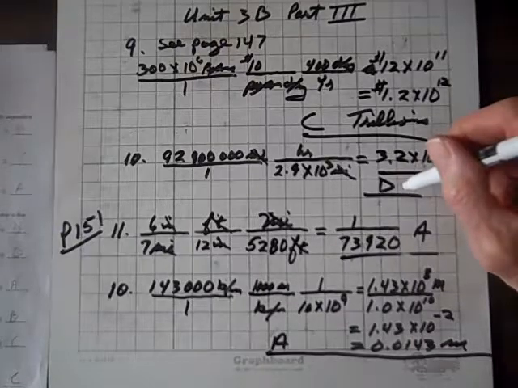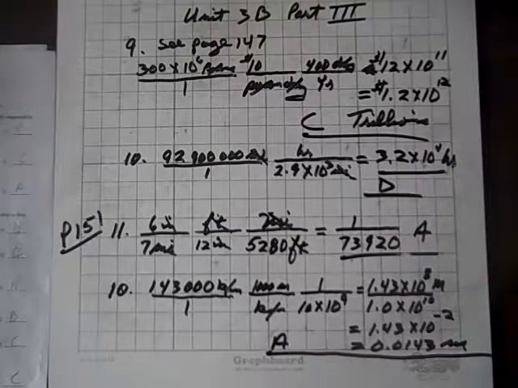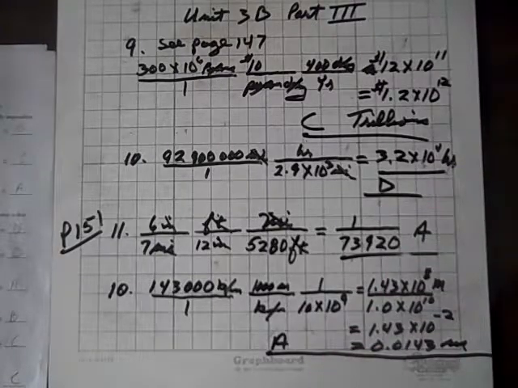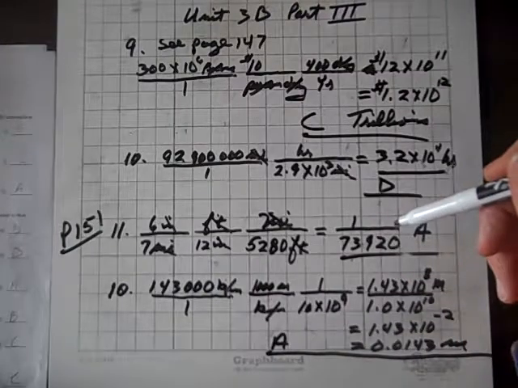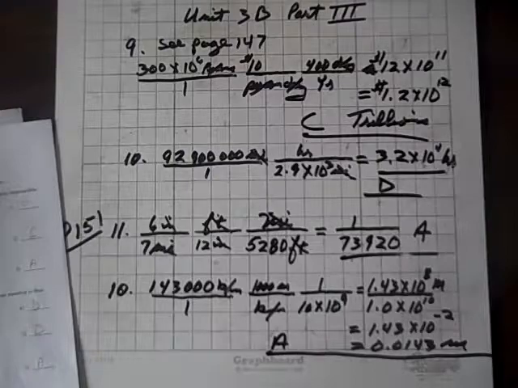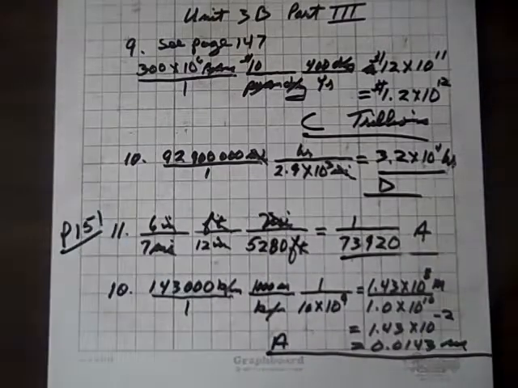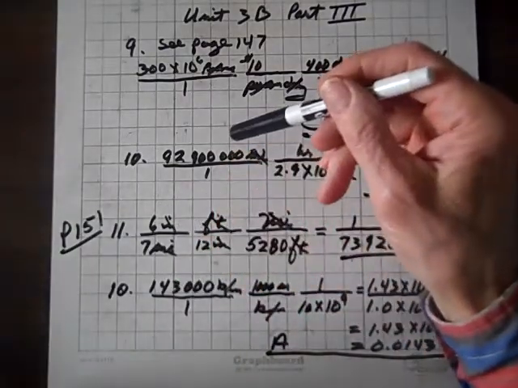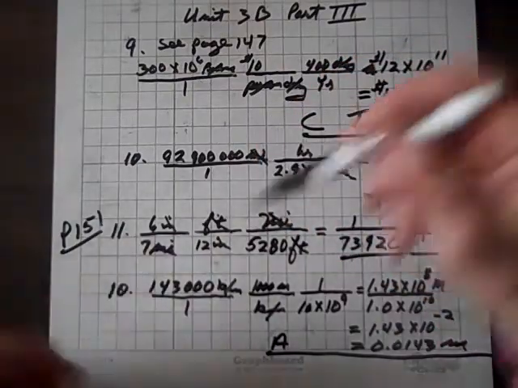So that's D. And for number 11, oh, we had to write the scale factor of 6 inches per 7 miles. Now, you know you have the scale factor when all the units divide out.